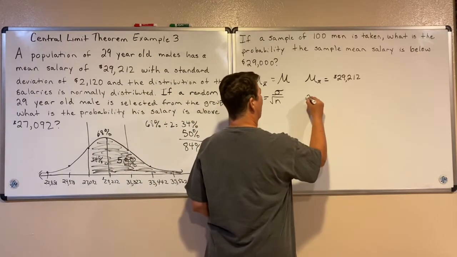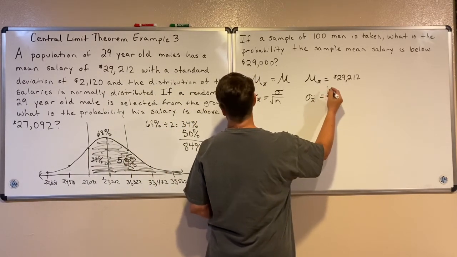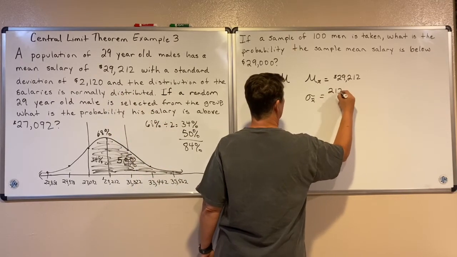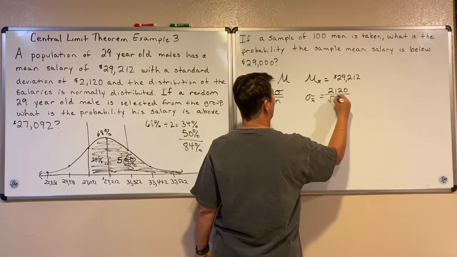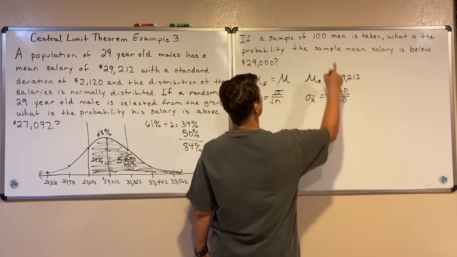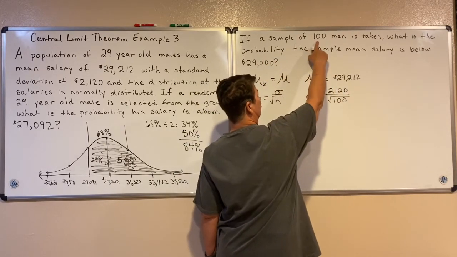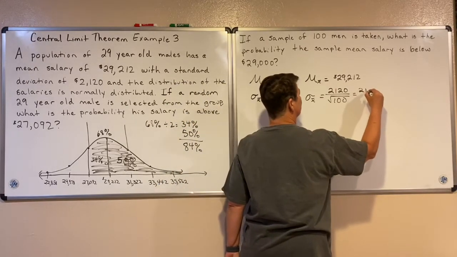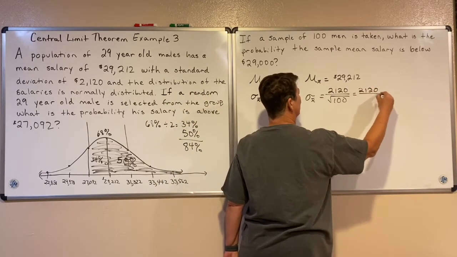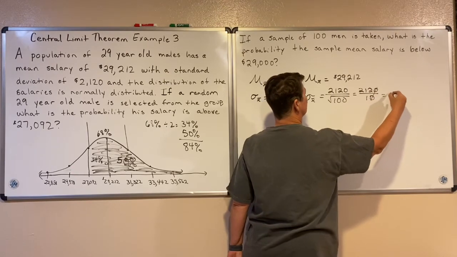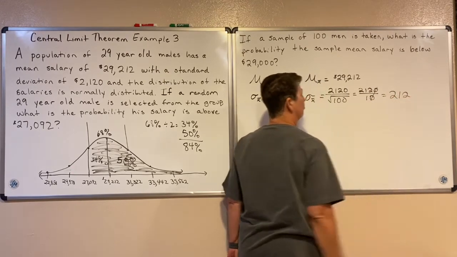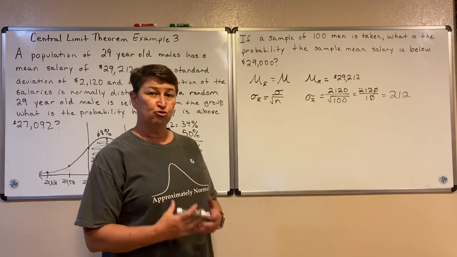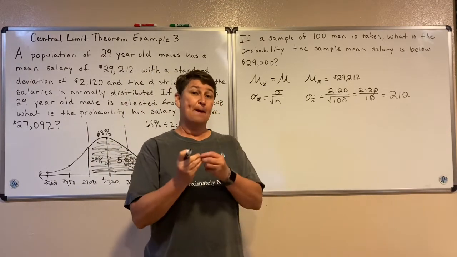So here the standard deviation is 2,120. We're dividing that by the square root of our sample size, 100. So the square root of 100 is 10, and we're really doing 2,120 divided by 10, which is equal to 212.